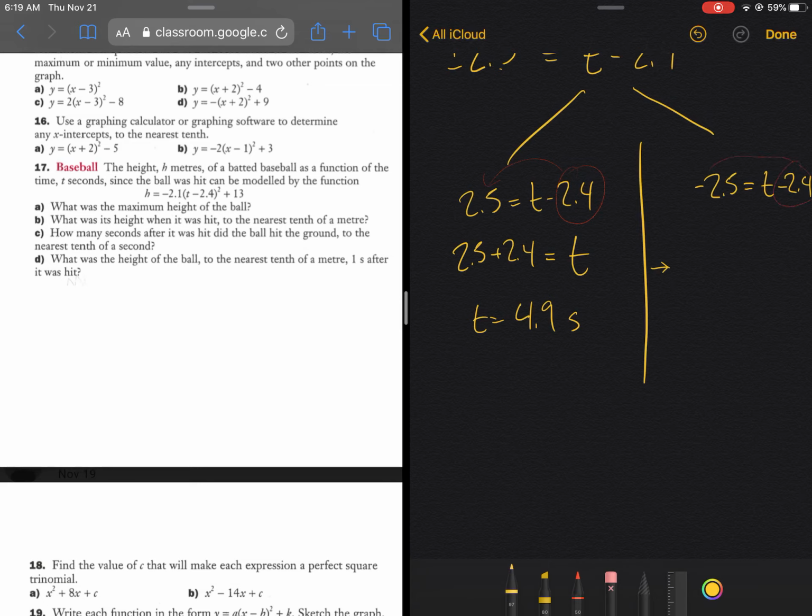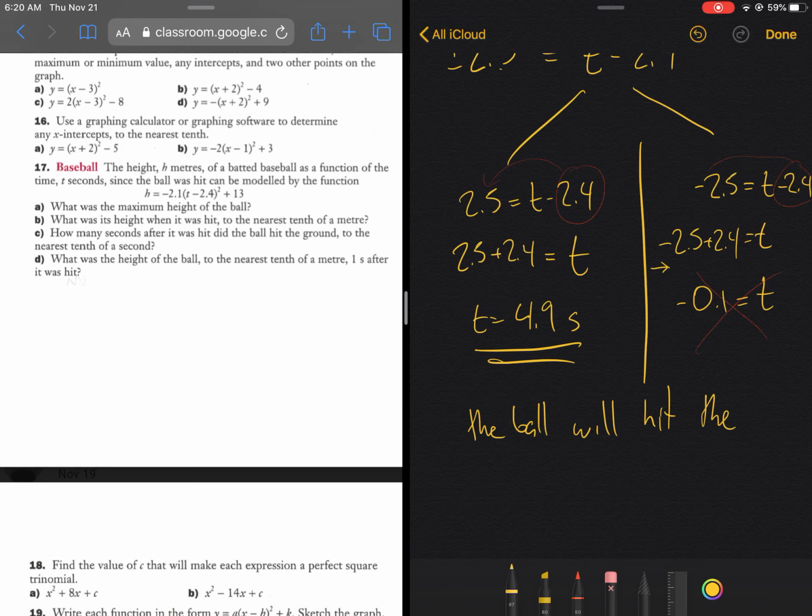We get t equals minus 2.5 plus 2.4, so negative 0.1 equals t. Now what's the problem here? The problem is t is negative. So this cannot be the answer we're looking for, which means the ball will hit the ground at 4.9 seconds.